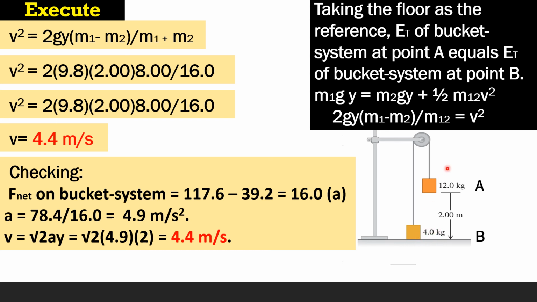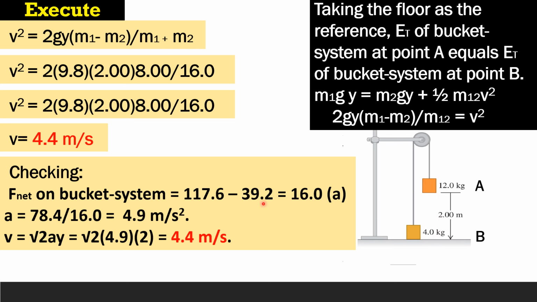So when treated as a system, we can imagine only two forces opposing each other: the weight of the 12 kilogram being directed down, and the force of the 4 kilogram mass, which opposes the direction of the 12.